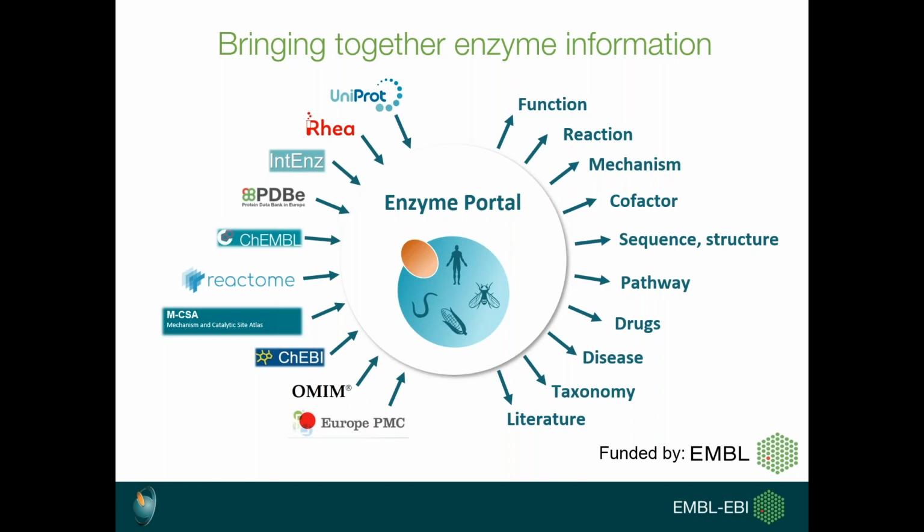And finally, Europe PMC, which contains all the scientific literature. From all these 10 resources, the portal extracts and displays information regarding the function of the reaction, the mechanism, the pathway, and so on, making it easily available for the user.